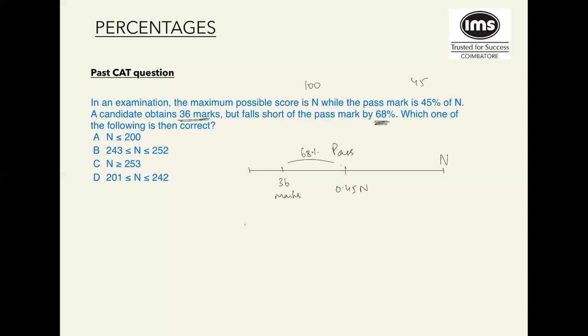Now what it means is I take 36 and I take 68% of the pass mark. That will be the total pass mark. Which means this 36 is nothing but 32% of the pass mark.